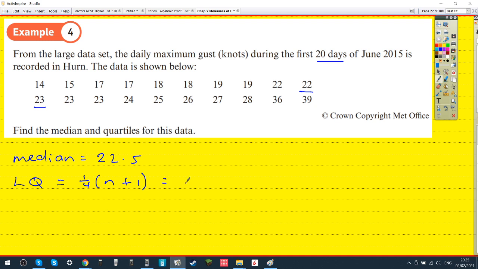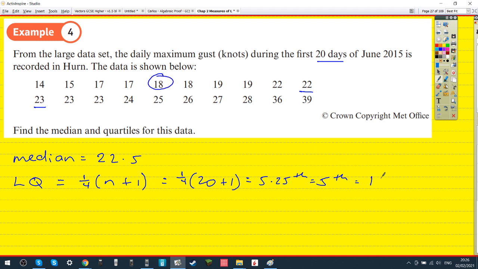N is number of days, 20 days. So it'd be 20 plus 1, which is 5.25. And so we'll just say the 5th one. So 1, 2, 3, 4, 5. That'll be the lower quartile.